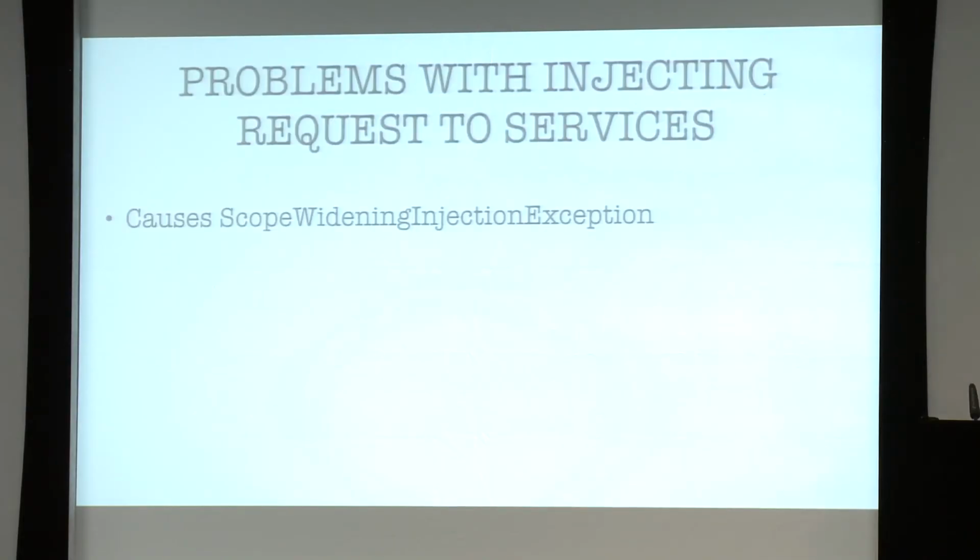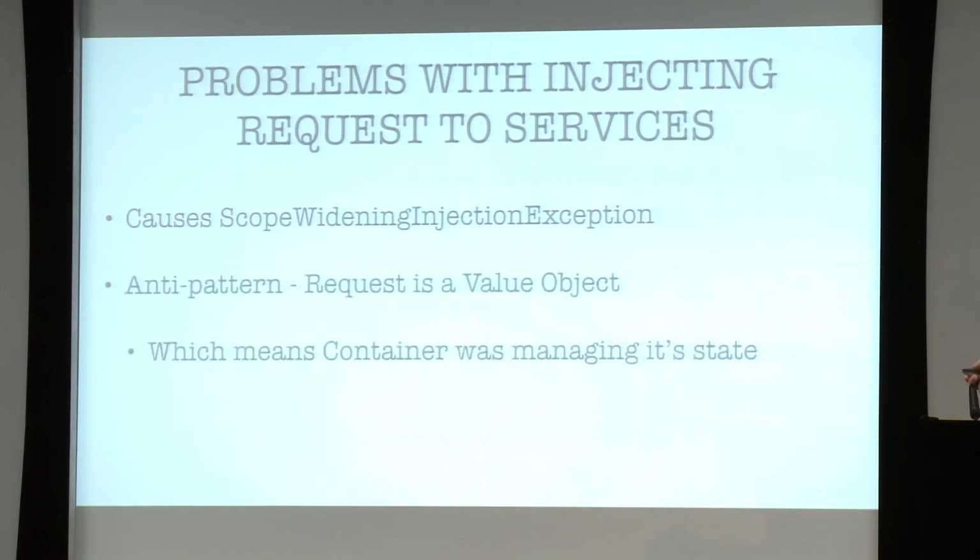We are just saying our application is in some state, is handling this request now, or is handling this sub request now. And it leads to problems with injecting request into services, because then you're running into the scope widening injection exception. Or I don't know really where this name comes from, but it is an anti-pattern to use request and store request in a service container.